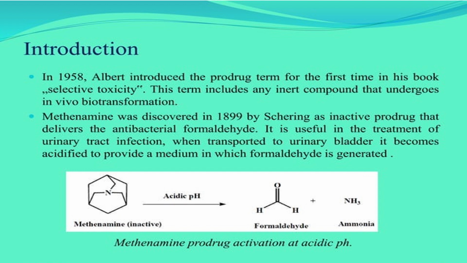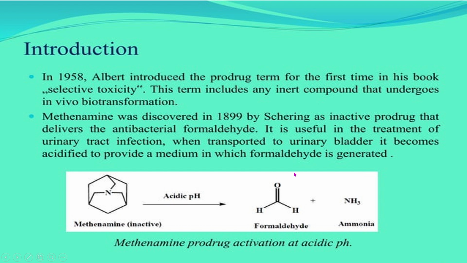They can be created by synthetic or semi-synthetic methods, either deliberately or accidentally through drug creation. So this is the basic concept behind the prodrug approach: we are altering the pharmacologically active agent by either metabolic or physicochemical transformation. And in view of the same, in 1958, Albert introduced the prodrug concept for the first time.